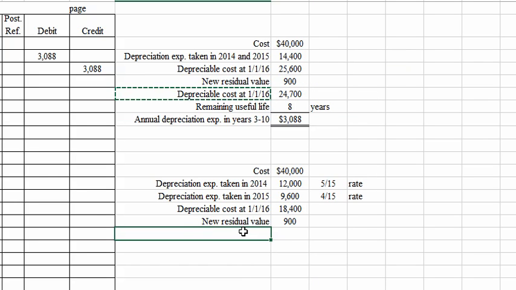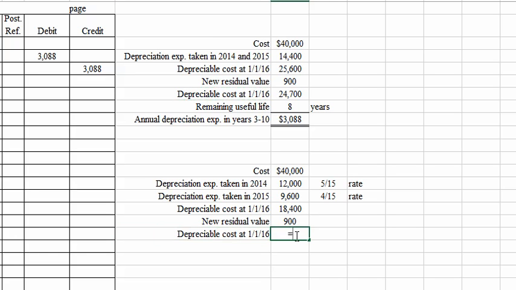So our actual depreciable cost at the beginning of 2016 would be equal to the $18,400 minus the $900. So left to depreciate going over the next 8 years now, going into 2016, we've got $17,500.